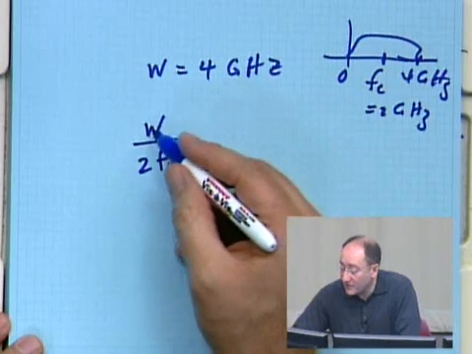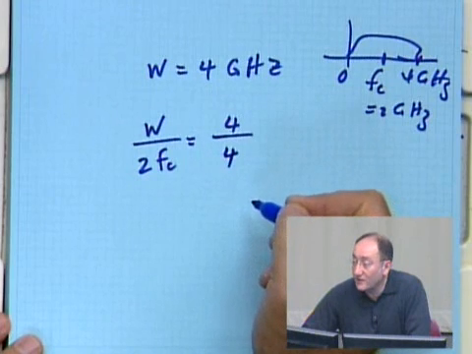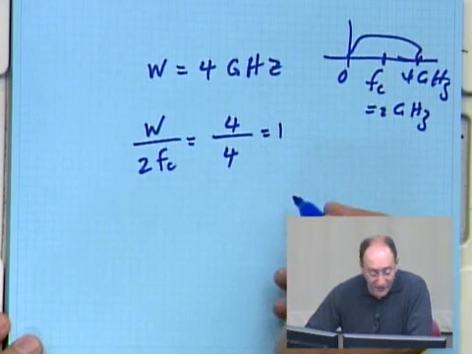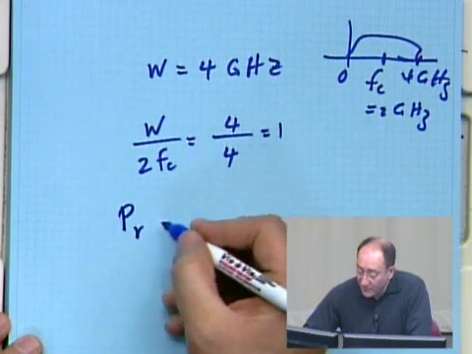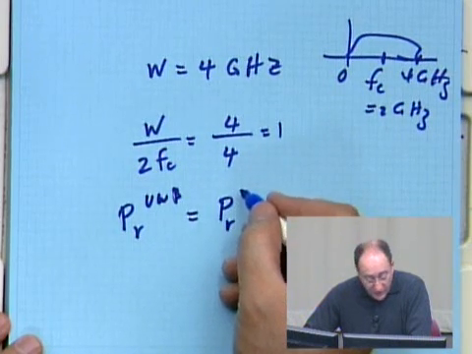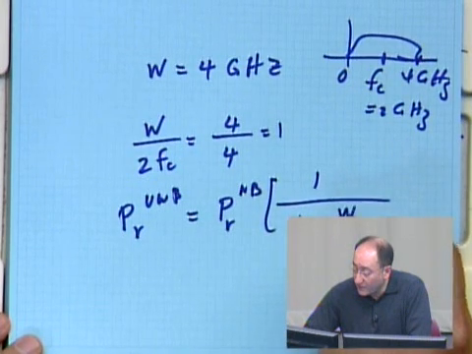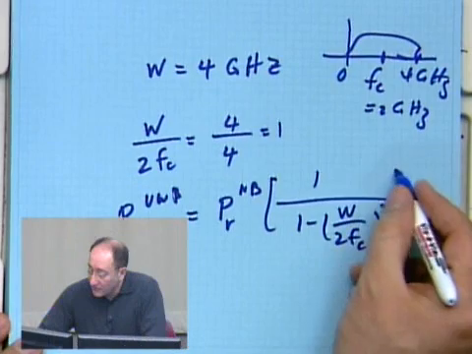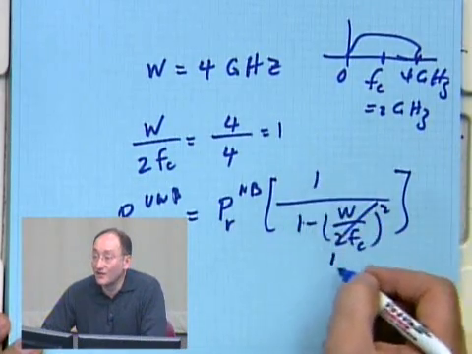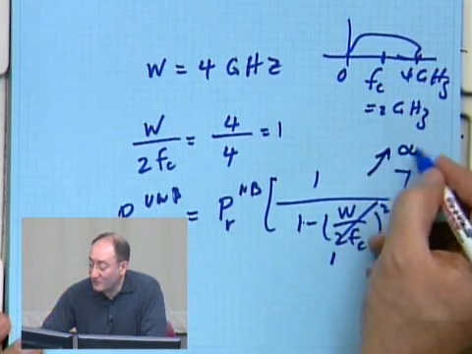W happens to be 4 gigahertz, and 2fc is another 4. So this one gets close to 1. So what will happen to the receive power? Receive power for ultra-wideband is the receive power for narrowband times 1 over 1 minus W over 2fc, squared. And if this one is equal to 1, this is 1 over 0, which is infinitely more.